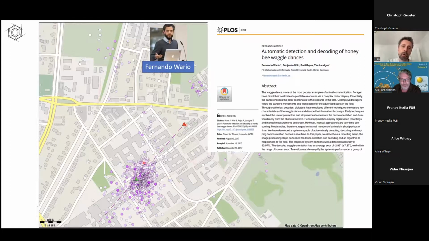And we mapped all the different dances, even the natural dances, but also, of course, the dances from the foragers that we trained there. And so this is a tool that we thought may come in handy for others, and some labs in the community have tried using it. It's still a gap between technical people and the actual users, the biologists that want to use it.